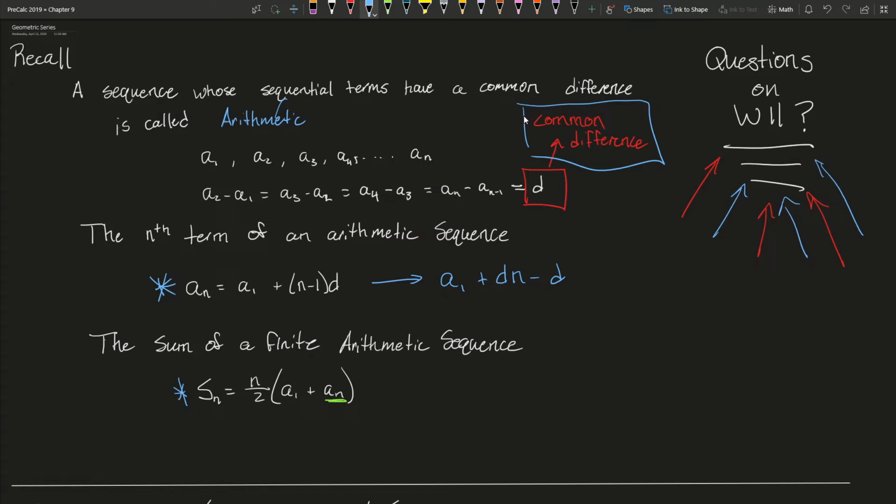I want to pause for a second and give people a quick second or two to ask any questions about W11. Otherwise, we're going to keep going. If you do have any questions for W11, this is a great time to ask.